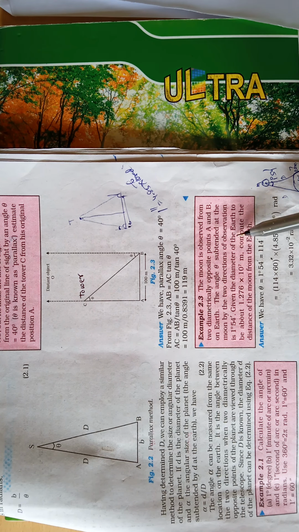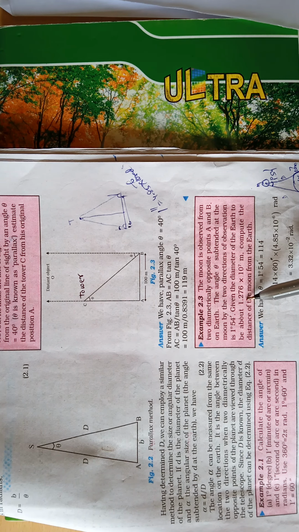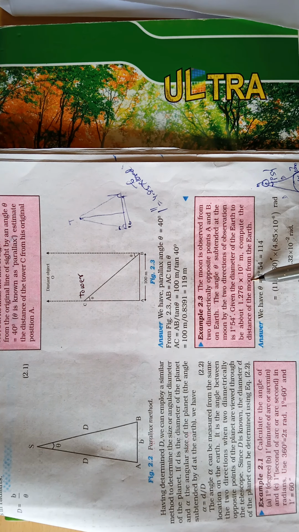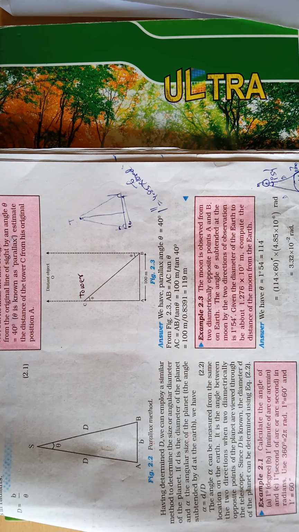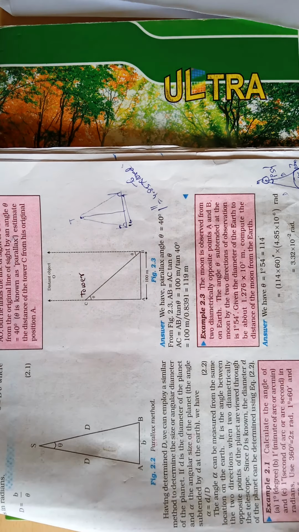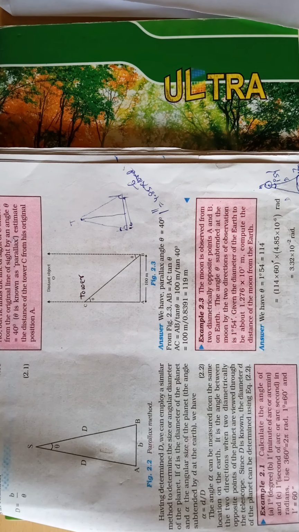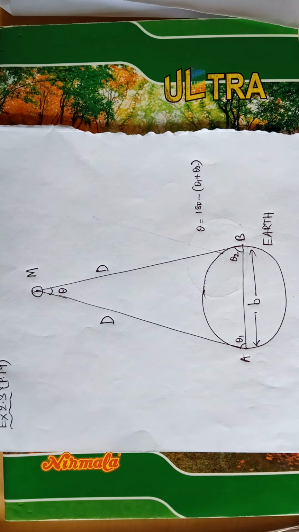Given the diameter of the Earth to be about 1.276 times 10 power 7 meters, compute the distance of the moon from the Earth. Okay, with a diagram we can understand very well. This is the diagram.